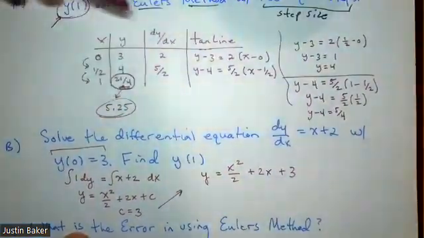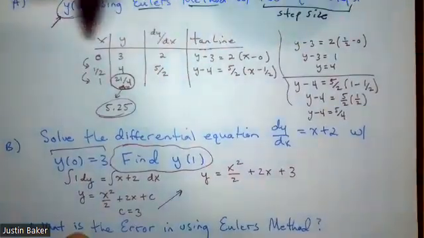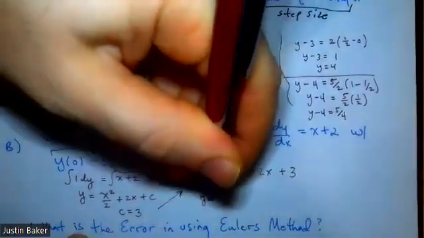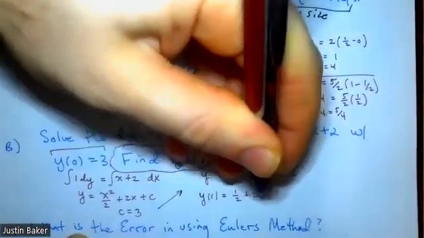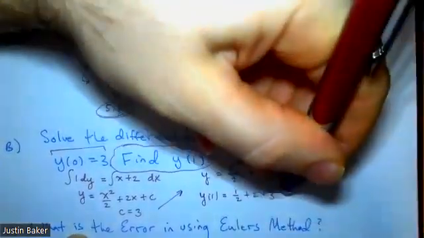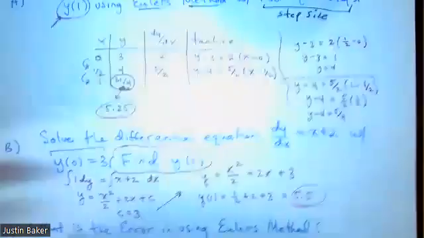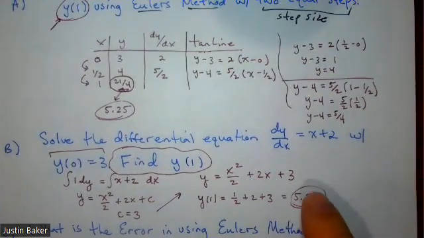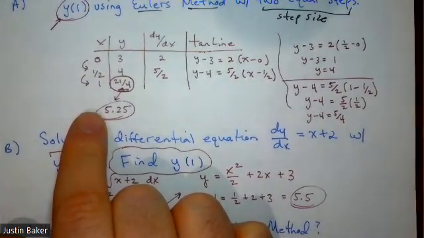We are looking for the same thing we did up above, find y of 1. If we put 1 into this equation, that's going to be a half plus 2 plus 3, so that is 5.5. So using the differential equation method, we can see that the actual answer is 5.5. Euler's method, which was an approximation, is 5.25.